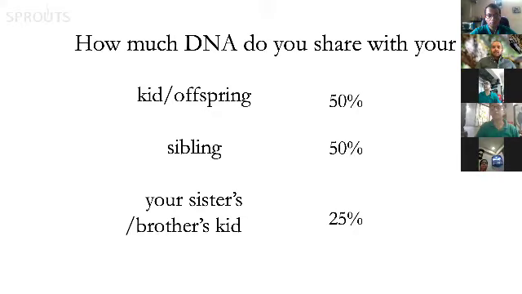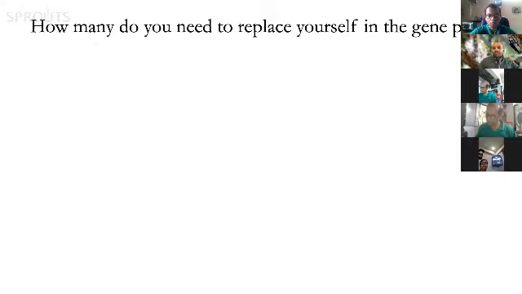So let's go back to evolution and say that your prime objective is to leave behind as many copies of your DNA in the gene pool as possible. Let's start with replacing yourself in the gene pool, right?